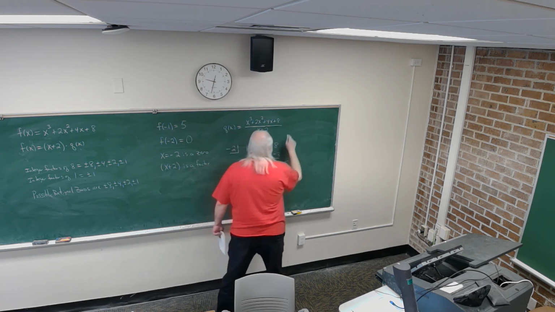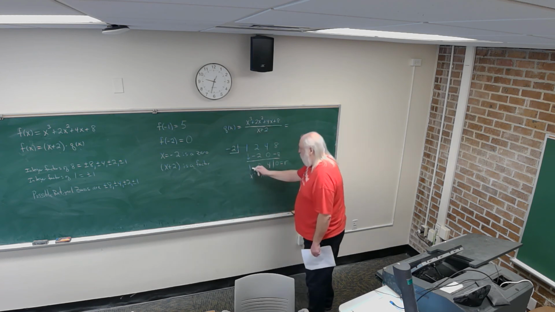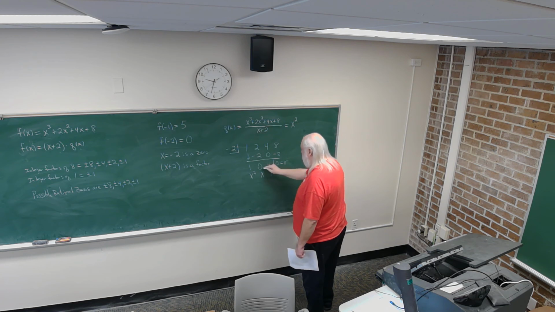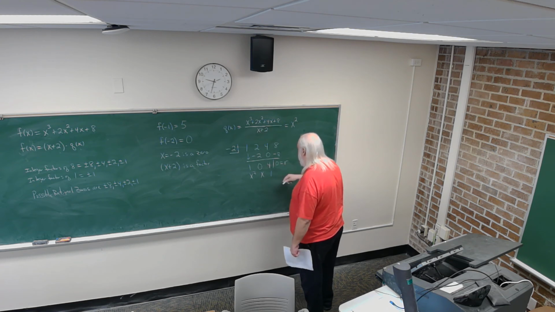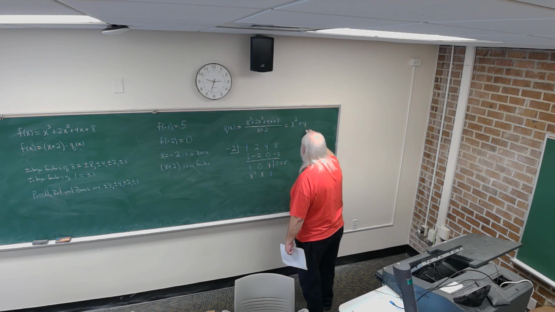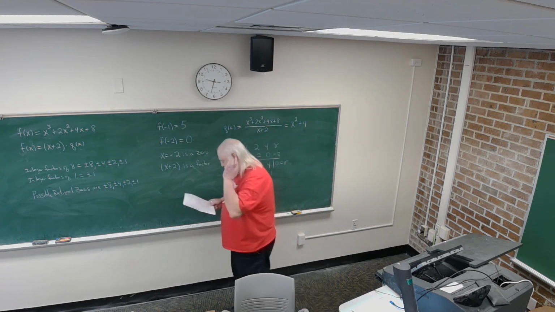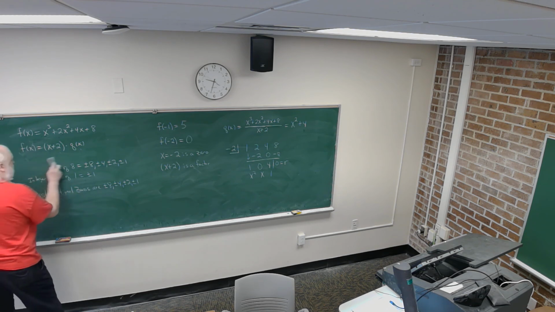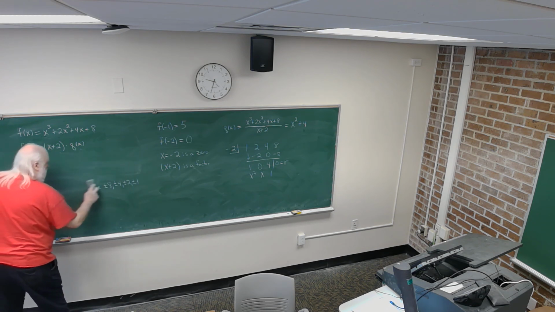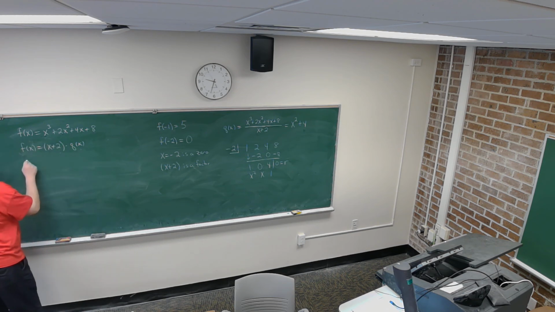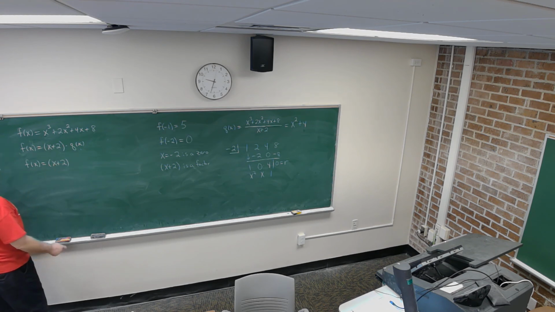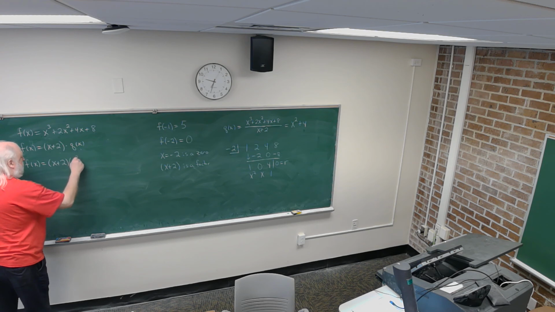So q of x is equal to 1 times x squared, which is x squared, 0 times x is 0, and then 4 times 1 is 4. So f of x is equal to x plus 2 times x squared plus 4.